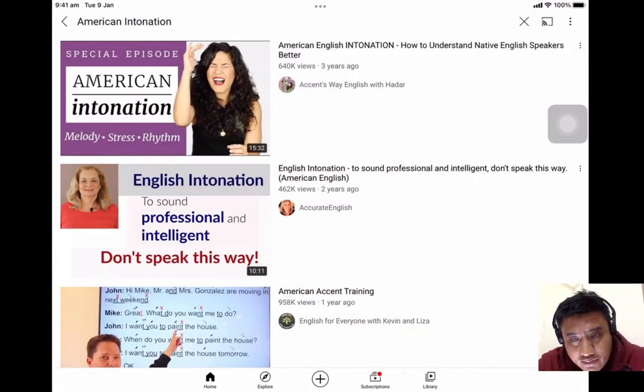Once we get to the intonation level, different countries use different intonation, which is nothing but rhythm, melody, and stressing patterns. Basically it forms accent, right? For example, American accent, British accent, Australian accent.